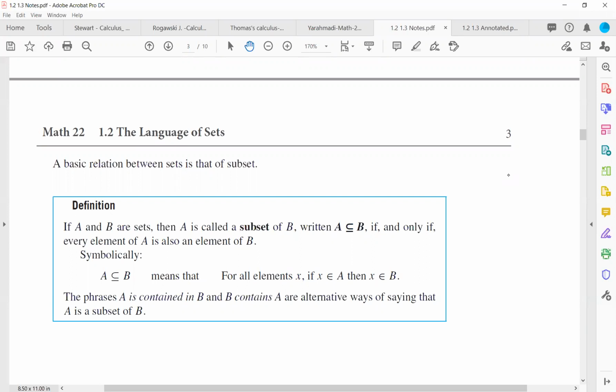Set A is called a subset of set B and you write it this way: A is included in B, or A is a subset of B, or B contains A if and only if every element, every random element in A is in set B. So you can mathematically write it down this way: A is contained in B, meaning that for any random element like X, if X is in A, then you can conclude X is in B.